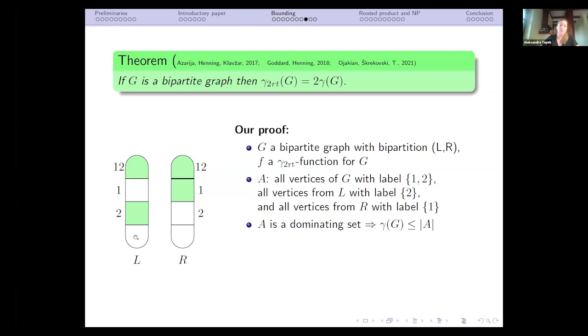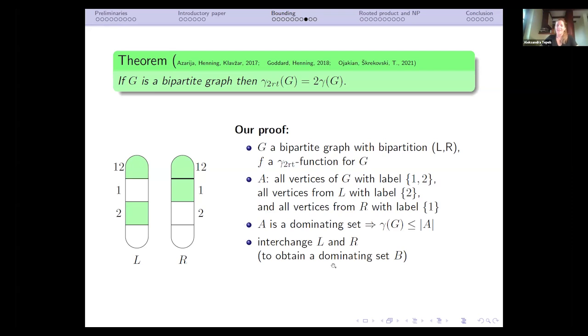Also, if I check this vertex, I know that it has to see 1 and 2, either it has a neighbor here or it has 2 neighbors, 1 here and 1 here. But you saw that I made connections to green parts, so A really is dominating for these parts, but also you can easily check that these vertices here are dominated as well. And now if you switch the roles of L and R, you will in a similar way obtain a set B, which will contain this part, and this part, and this part.